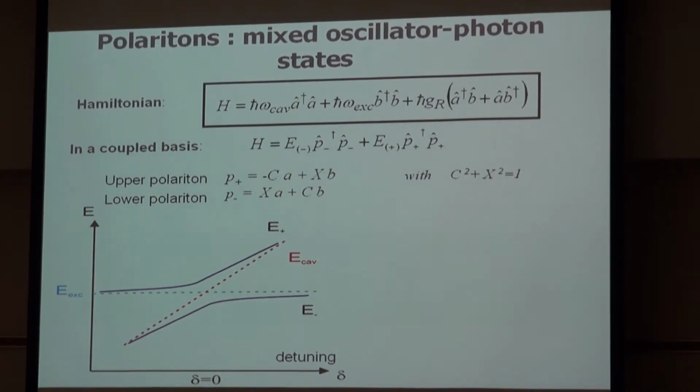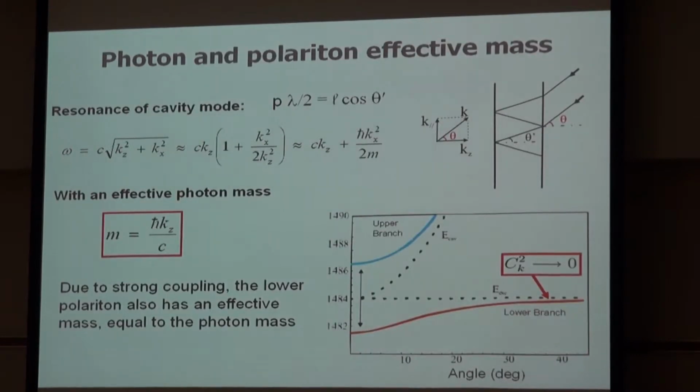So I'm going back to this strong coupling regime where, because of the interaction between photons, here A dagger A, excitons B dagger B, and here the interaction, we have this Rabi splitting between the two levels.